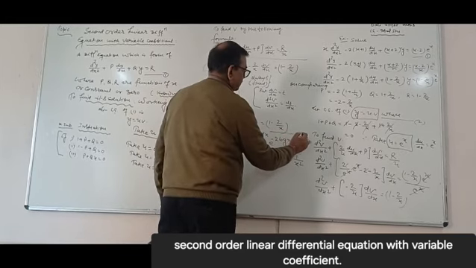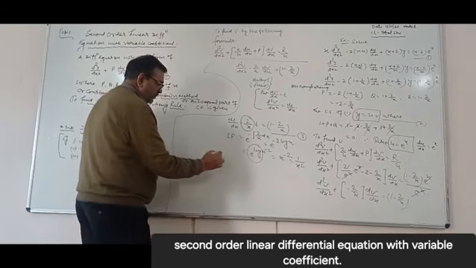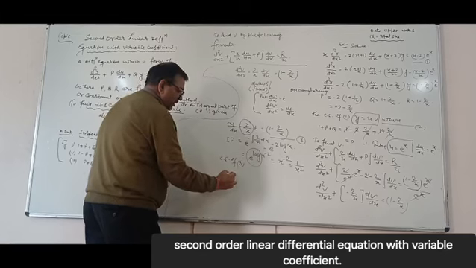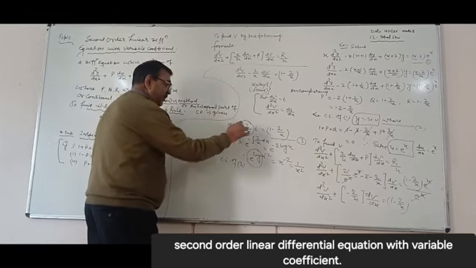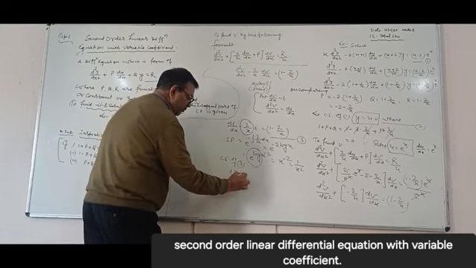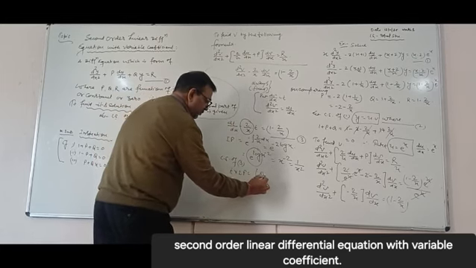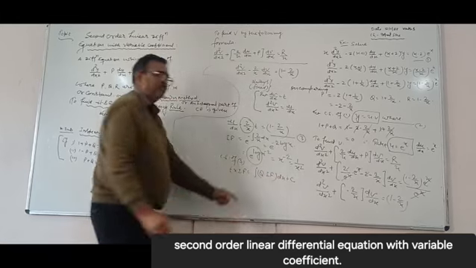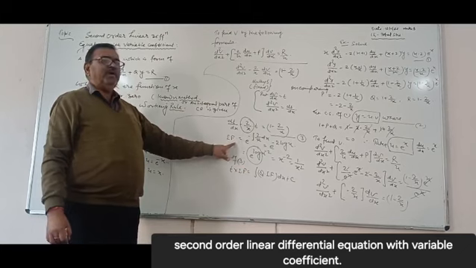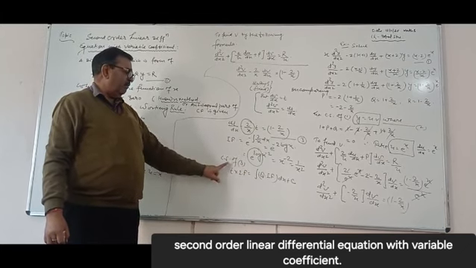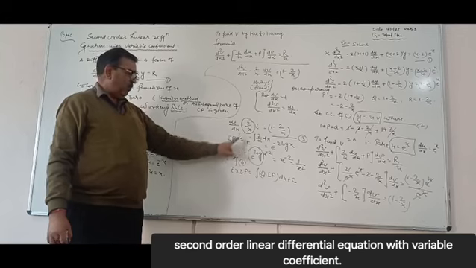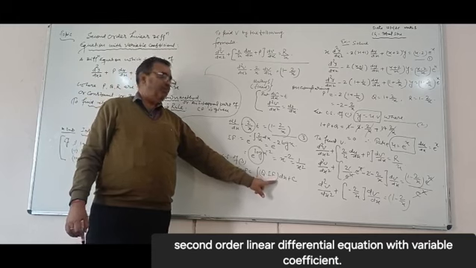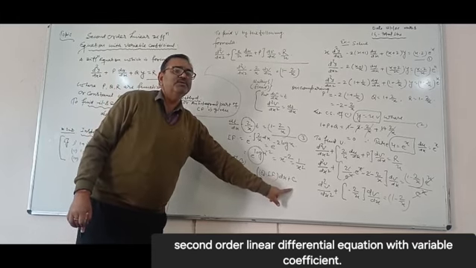Equation number 3. So the complete solution of equation 3 is, here, t·IF = ∫Q·IF dx + c. The two steps: first we find the integrating factor, then find the complete solution of equation 3, applying the formula t·IF = ∫Q·IF dx + c.